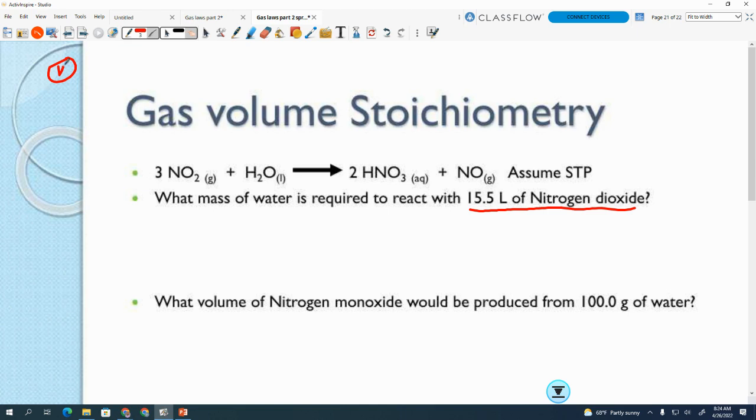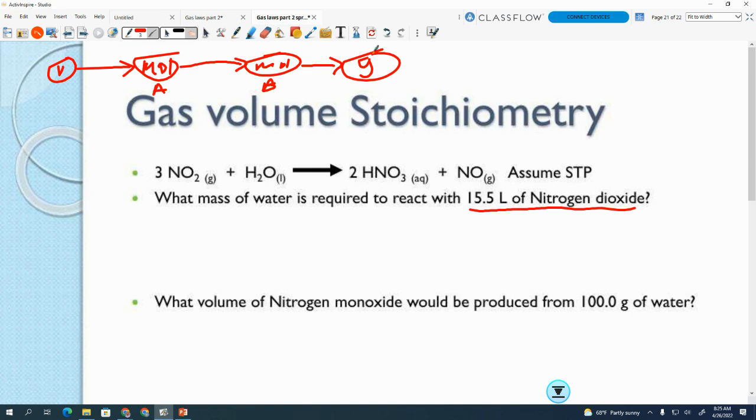I need to get from volume to moles, and then I need to get from moles of one thing to moles of the new. So mole A to mole B, and then I'm going from moles to grams. All right. So my stoichiometry problem has to have all of those steps.